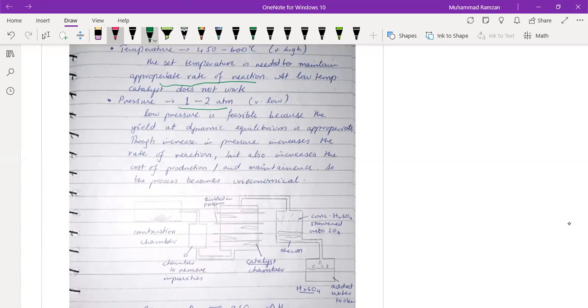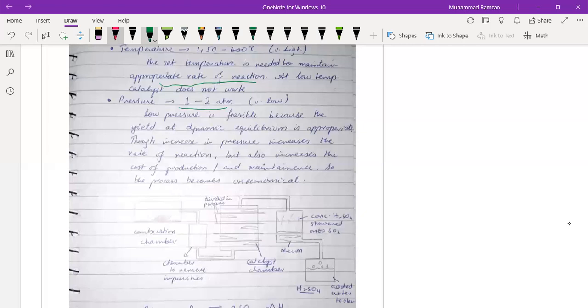Very huge pressure. But in the contact process, we are using 1 to 2 atm pressure. That is low. Why? To prevent the reaction from being reversed?